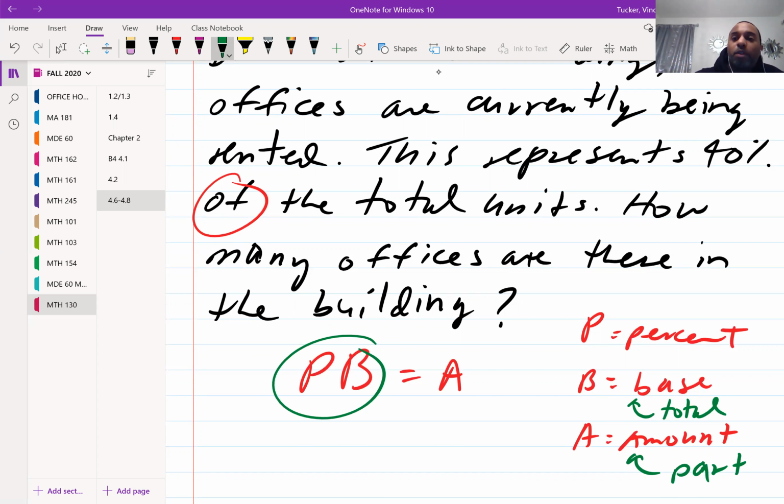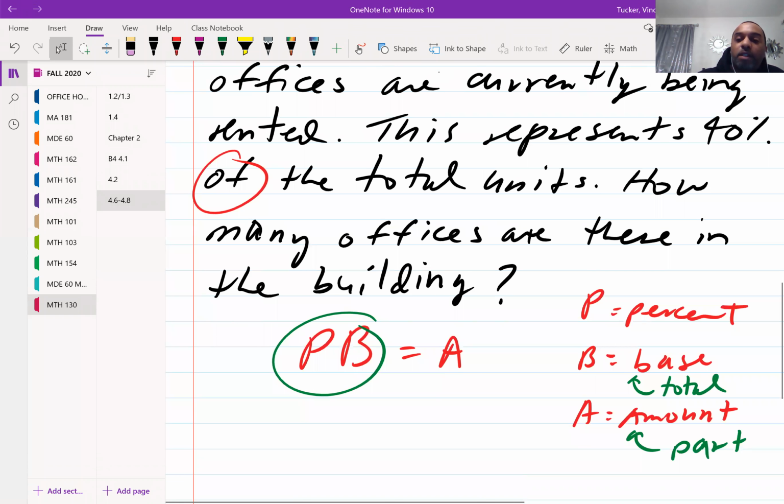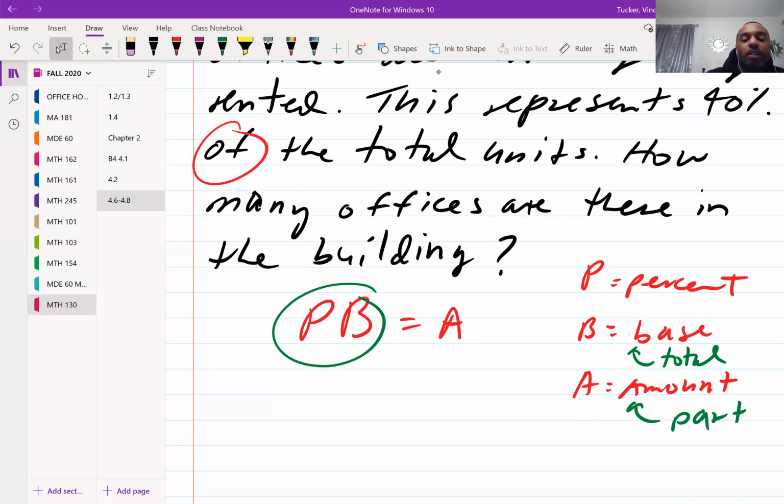So we look at what we have. In an office building, 50 offices are currently being rented. This is 40% of the total units. How many offices are there? So you're talking about 40%, convert that to a decimal, times the total number of units.